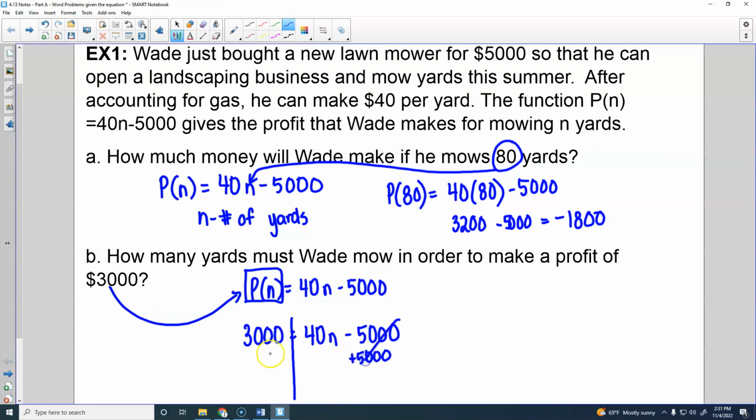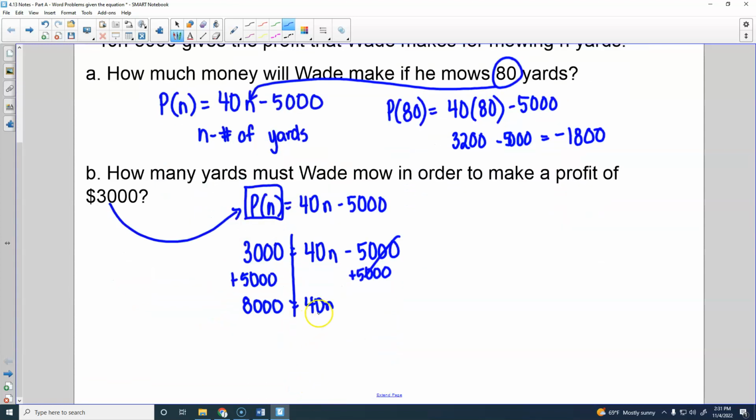Perfect. And so I'd get 8,000 equals 40N. And then what would I have to do after that, Rosalind? Good. And so if I divide by 40, that's going to be 200, right?